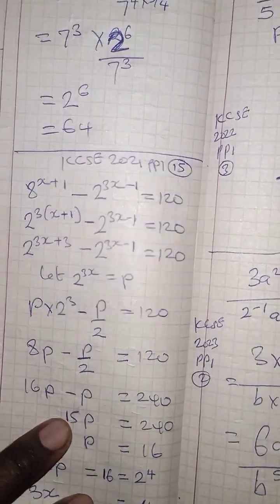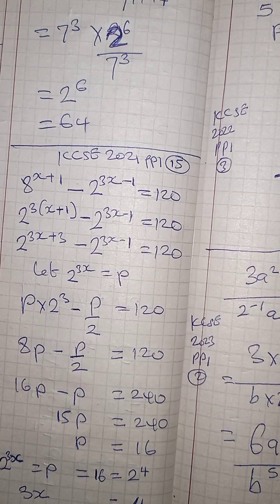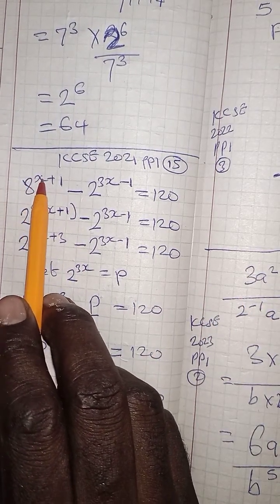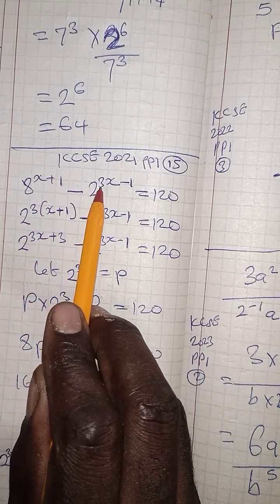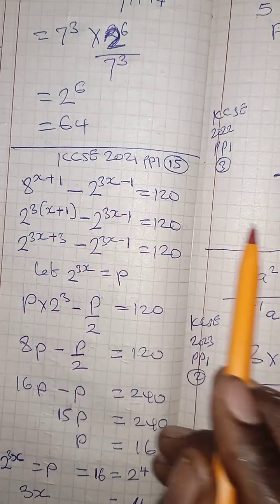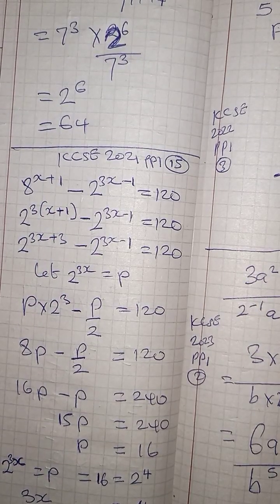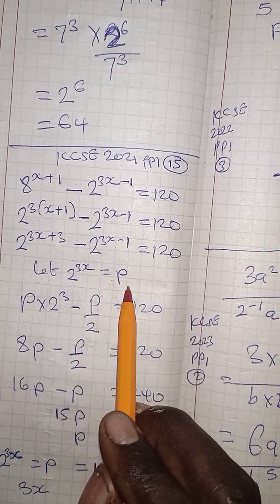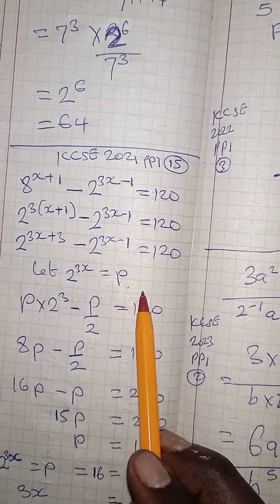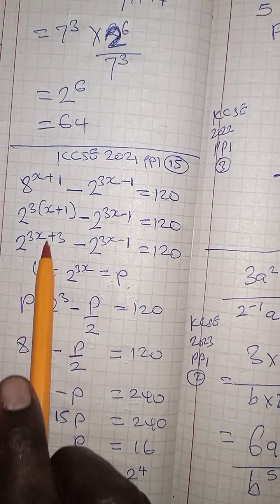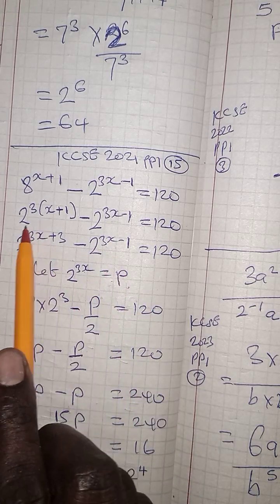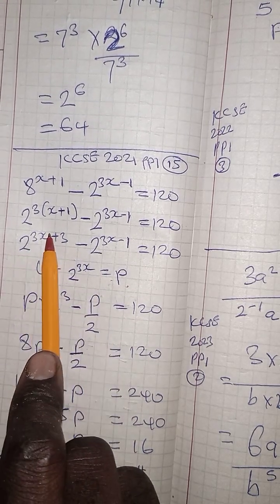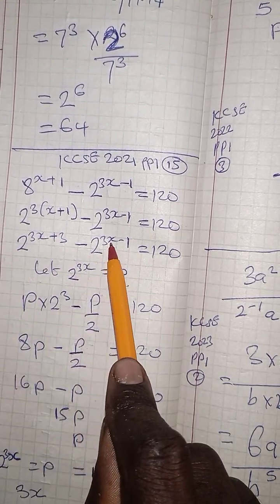Now, we shall also look at this sum. Students were to solve for the value of 8 raised to the power of x plus 1 minus 2 raised to the power of 3x minus 1 is equal to 120. A sum like this, we shall use a method I've told you previously. Let's assume 2 raised to the power of x is equal to p. And then where we have 2 to the x, we put p. Sorry, not 2x, 2 raised to the power of 3x. Like you have 2 raised to the power of 3x, you have 2 raised to the power of 3x.